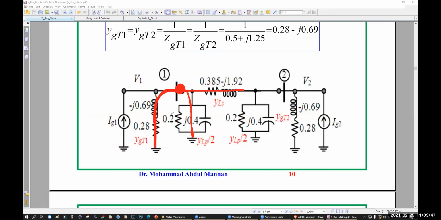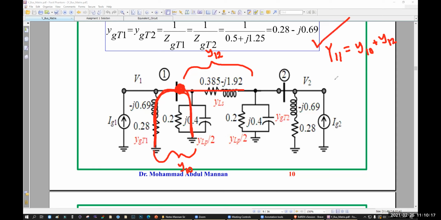So these plus this part is called y11, right? No, not 11, y10, small y10. This part is called 12. So your capital Y11 will be Y10 plus Y12, right? This is called self-admittance, remember.